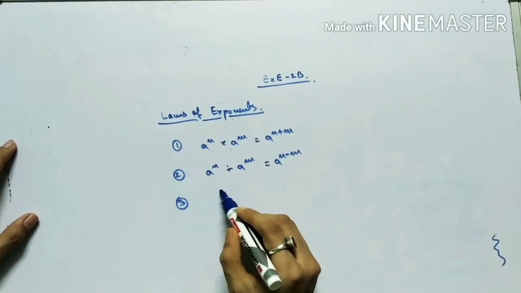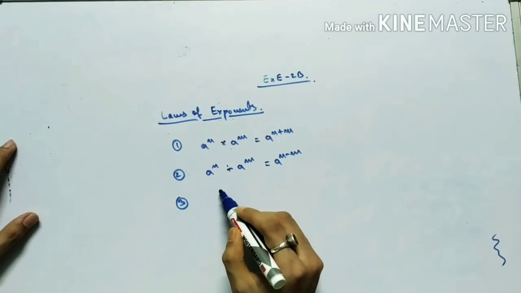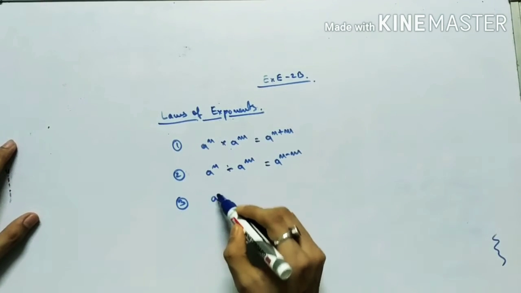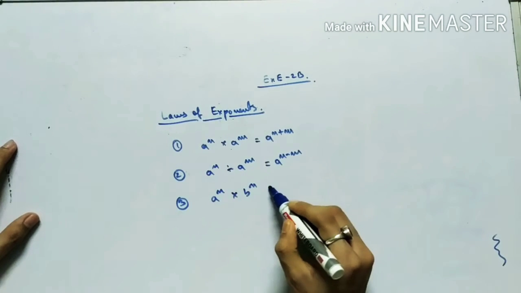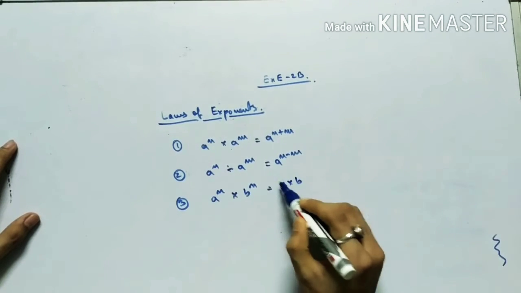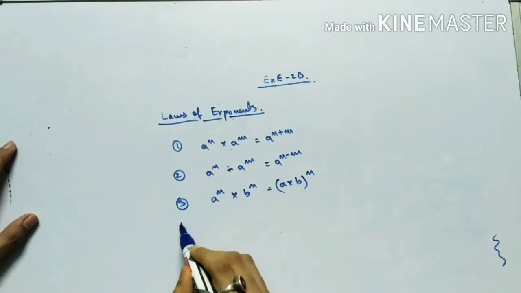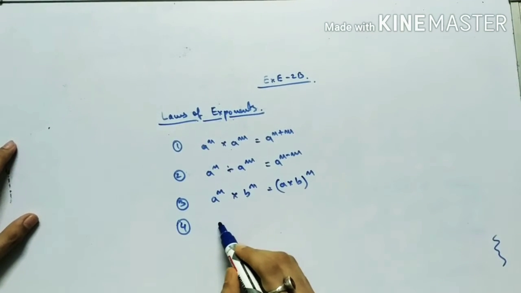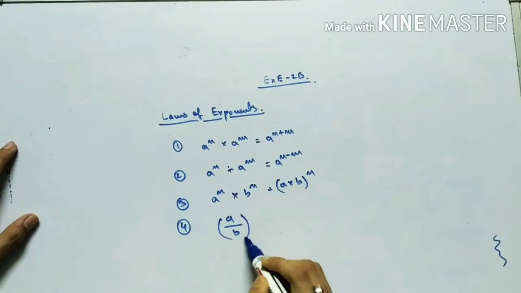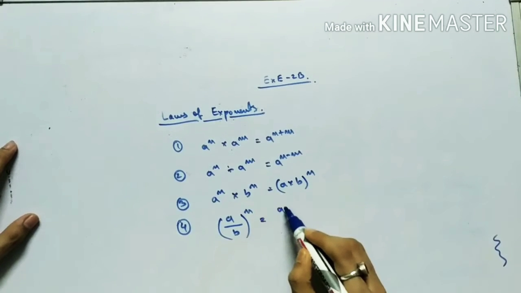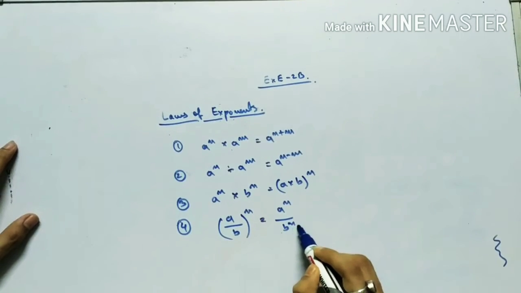Next again, a to the power n into b to the power n becomes a into b to the whole power n. Next again, a by b to the whole power n becomes a to the power n by b to the power n.